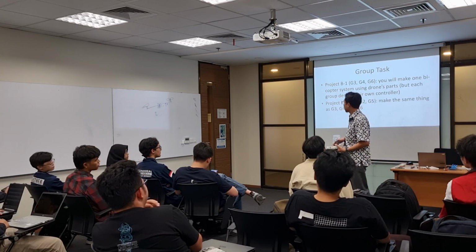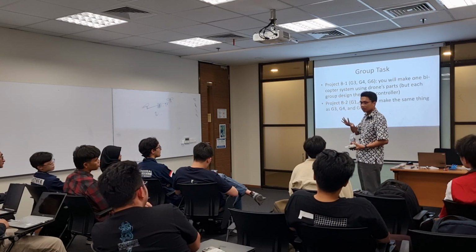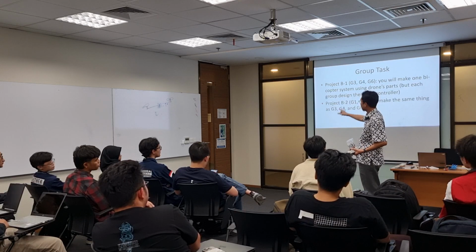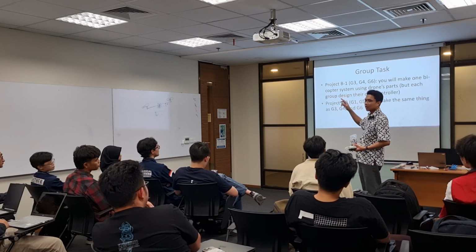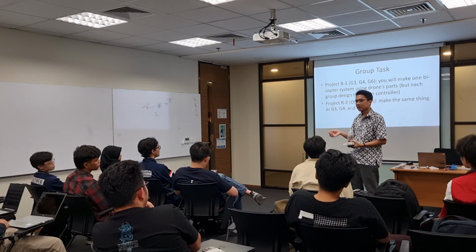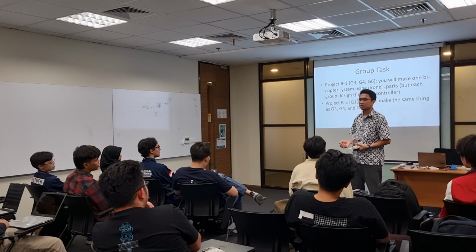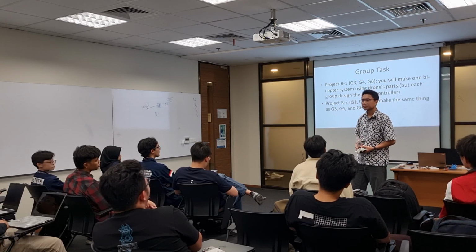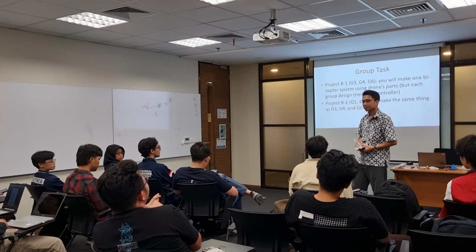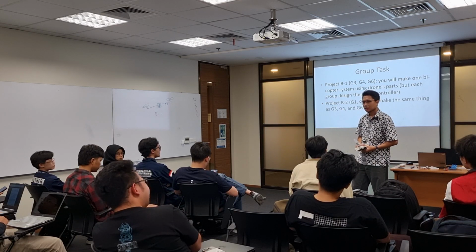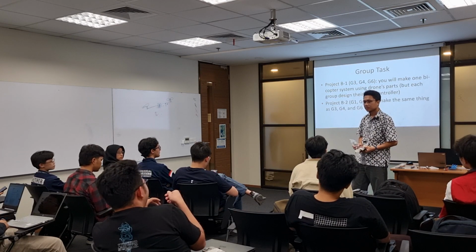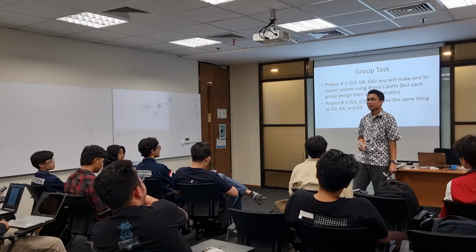But within B1, let's say groups 3, 4, and 6, you are sharing the components, but you have to design the controller on your own. We will have the same hardware, so we just plug in the Arduino and override the coding.